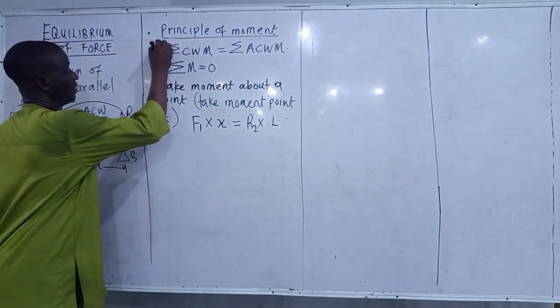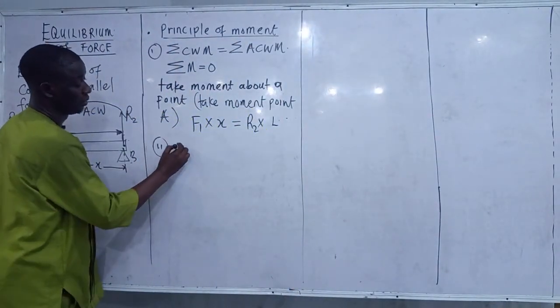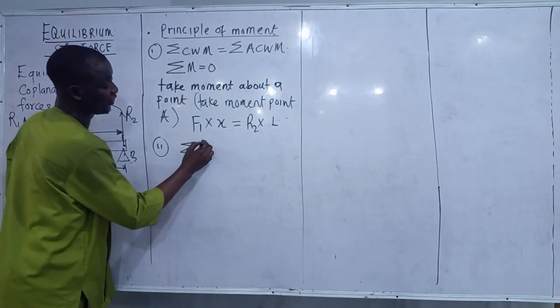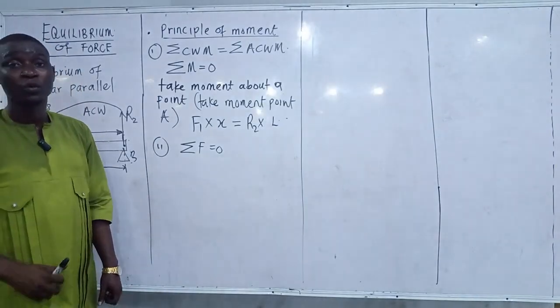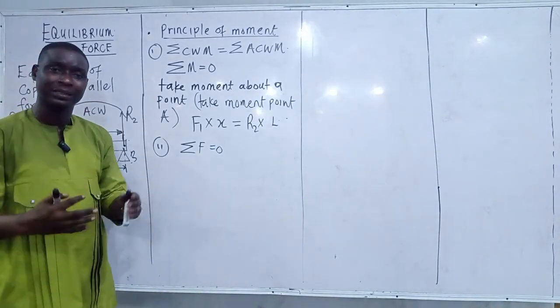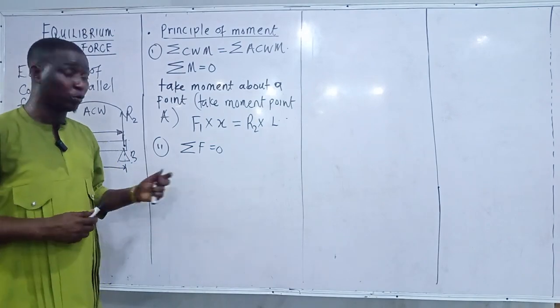The second point is that the sum of forces in the system will be equal to zero. That means the algebraic sum of forces acting in the system will be equal to 0.